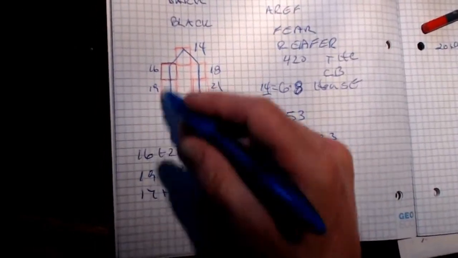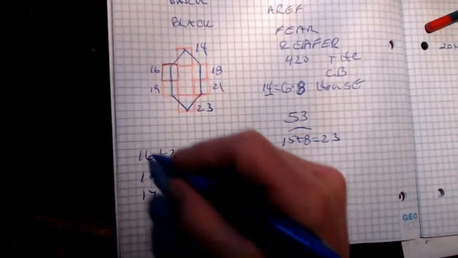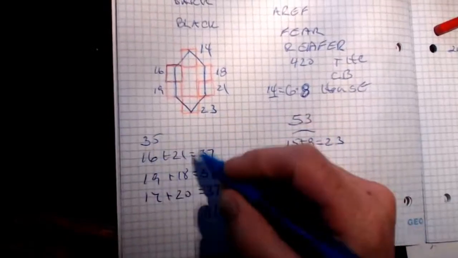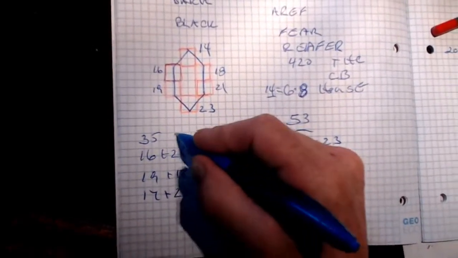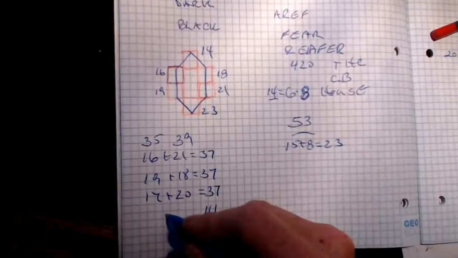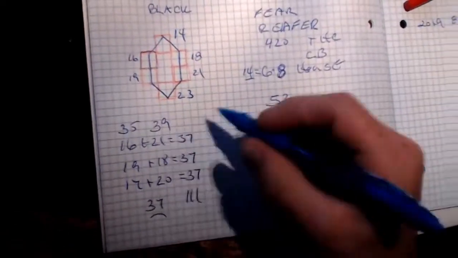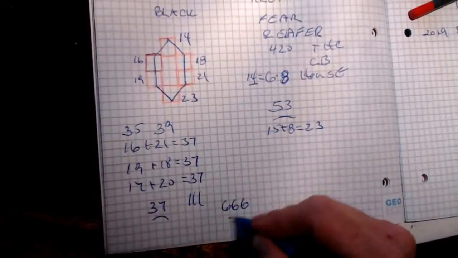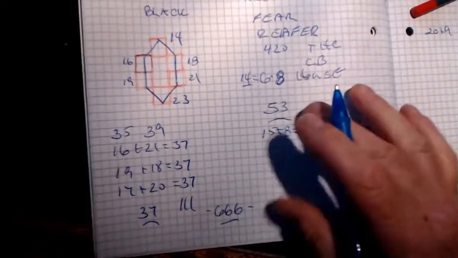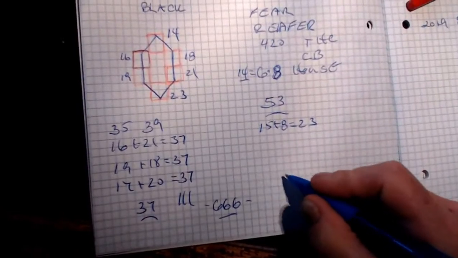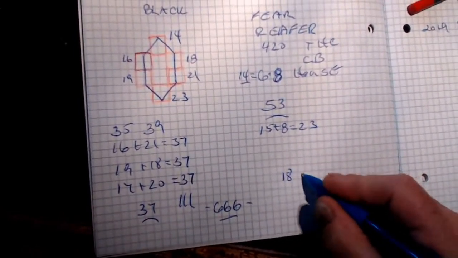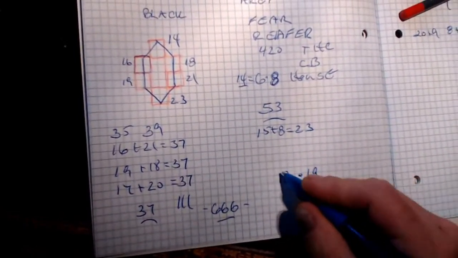We have the total of 16 and 19, 35. And we have 21 and 18, 39. In the center, we have 37. The average is 111, the total for the wheel of 6, 6, and 6. But the center is between 18 and 19, the center of the numbers.